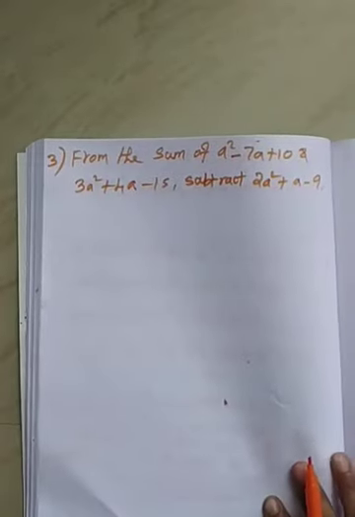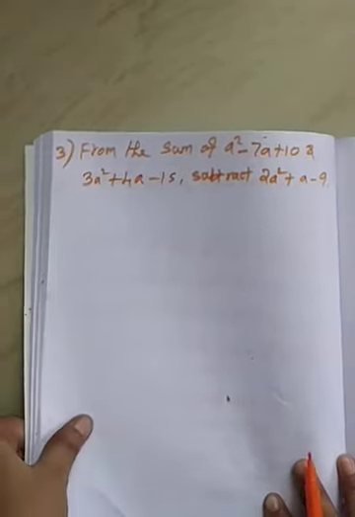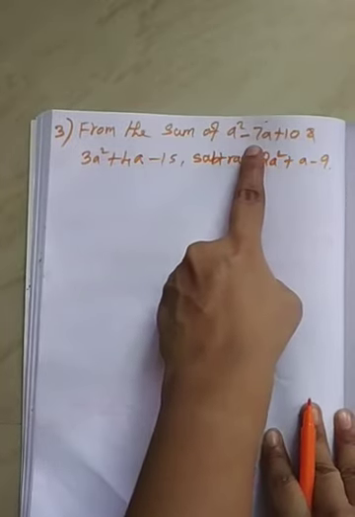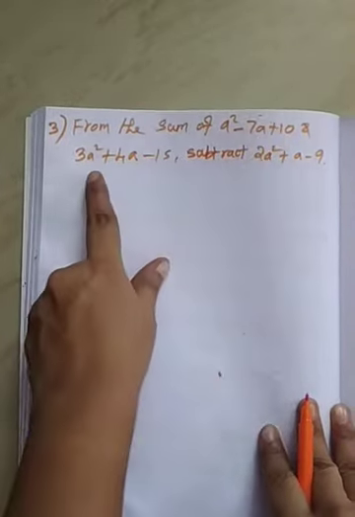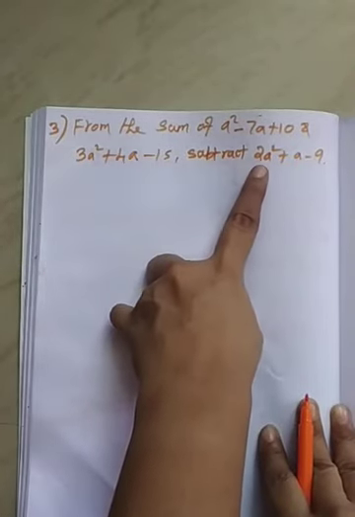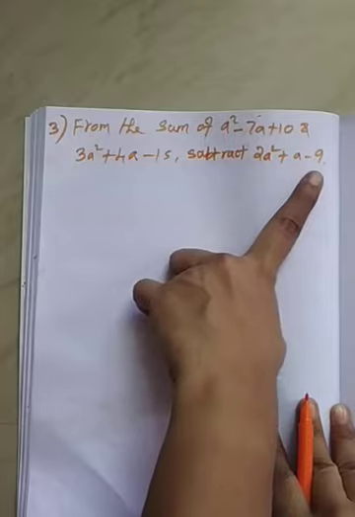Okay, see here, three expressions were given. From the sum of a squared minus 7a plus 10 and 3a squared plus 4a minus 15, subtract 2a squared plus a minus 9.